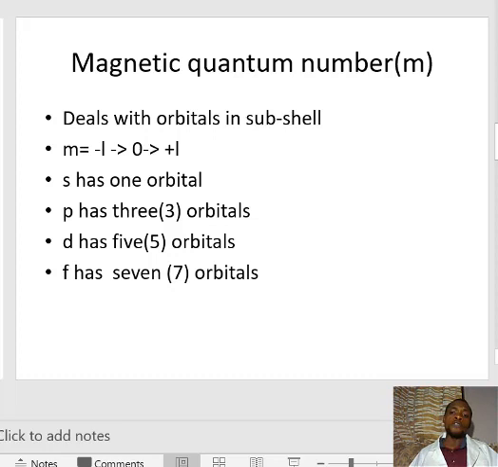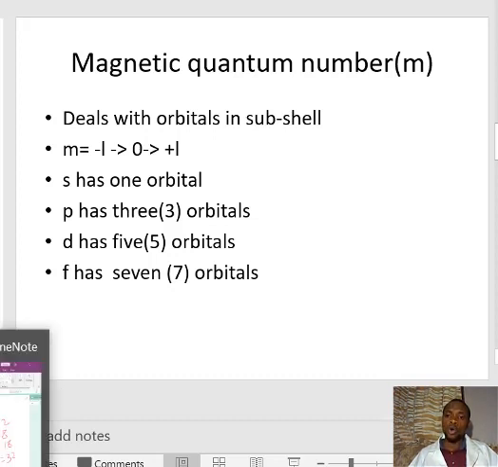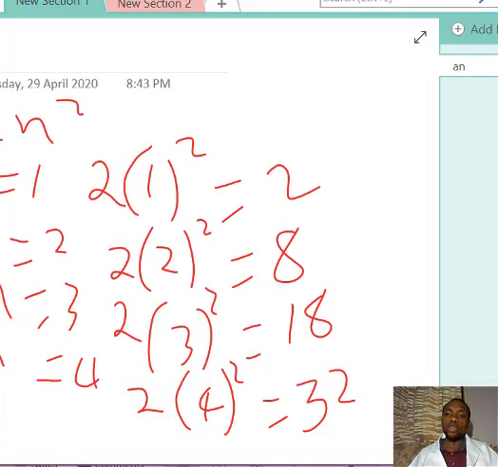The value of M ranges from minus L towards plus L, meaning that the magnetic quantum number depends on the subsidiary quantum number.